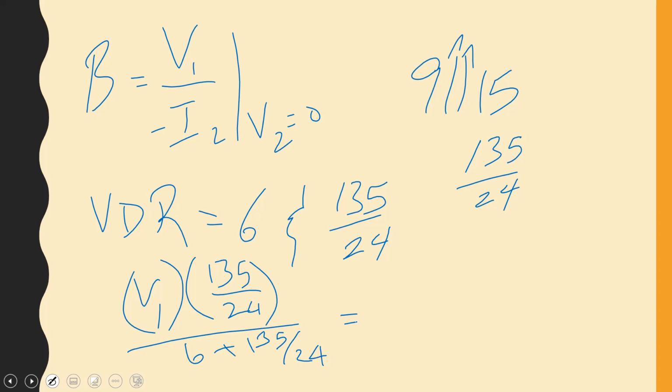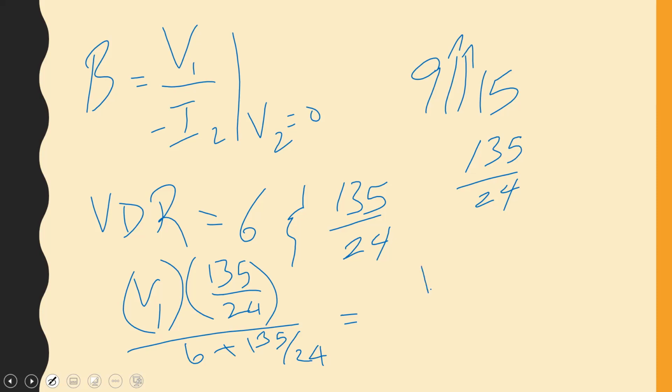24 times 6, that's 144. Right. 144 plus 135, so we get 279.